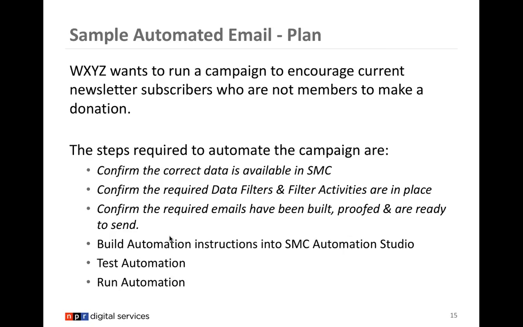So if you want to use an email inside an automation, you need to build it in the classic Content Builder. From what I've seen coming from Salesforce, they absolutely plan to make Content Builder emails available within the Automation Studio, but they haven't quoted any dates on when it's going to be available, so I don't know.